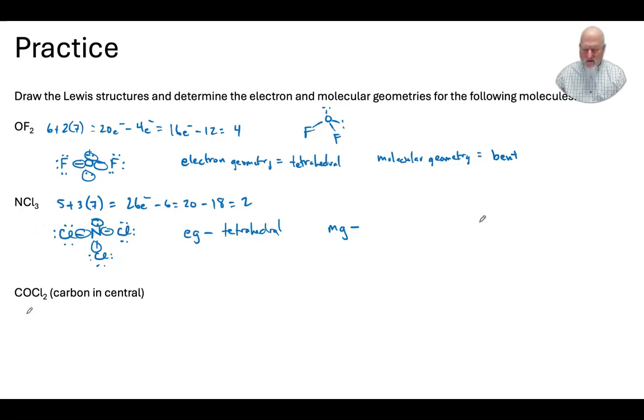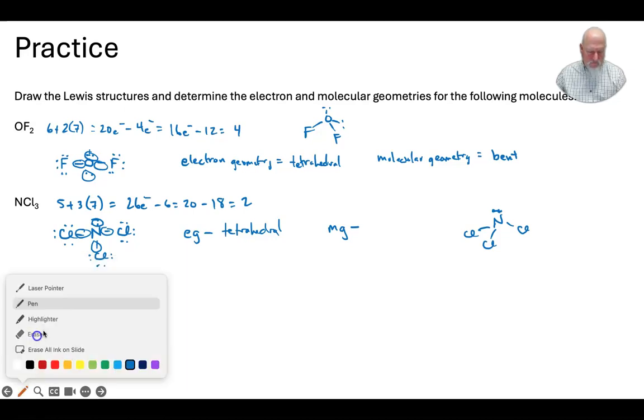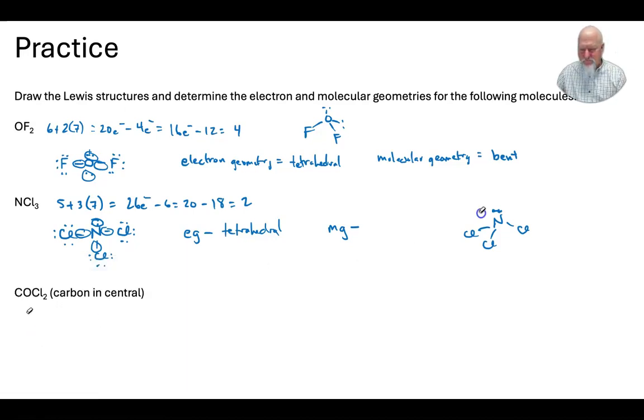Now, in this case, if I draw it, I'm going to draw it like this. There's the 3 chlorines and then the lone pair up here. Oops, that was a lone pair, or the non-bonding pair of electrons. Ugh, that just got worse. Let me get my eraser. Excuse me.